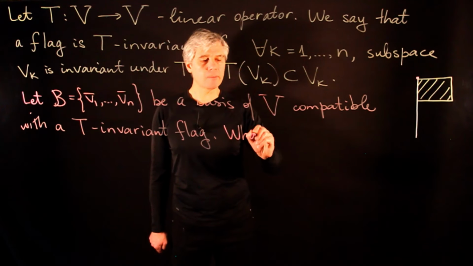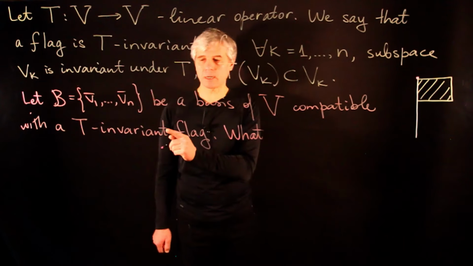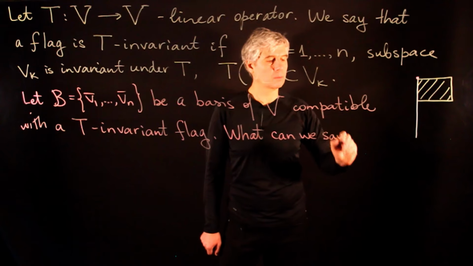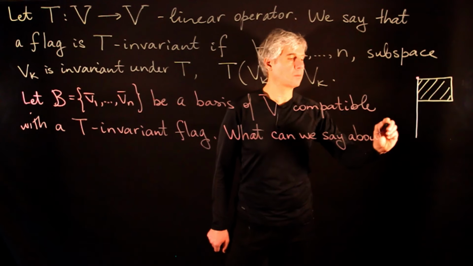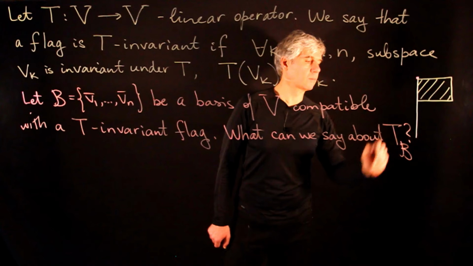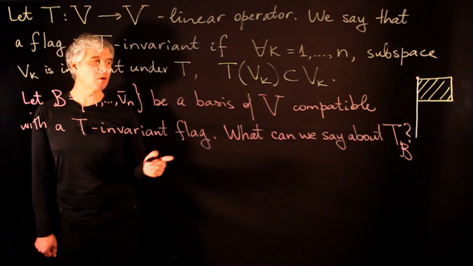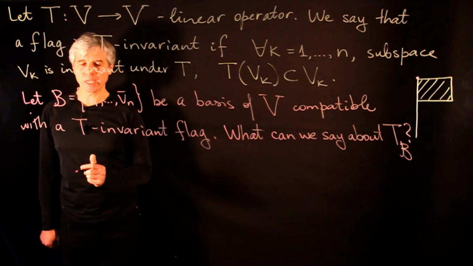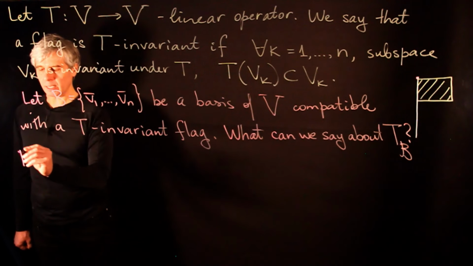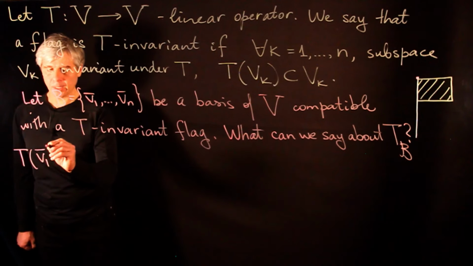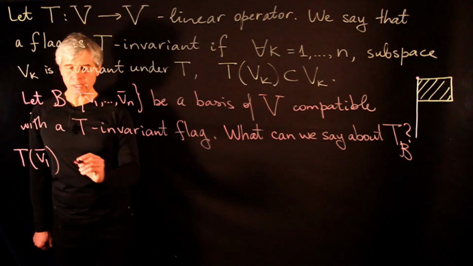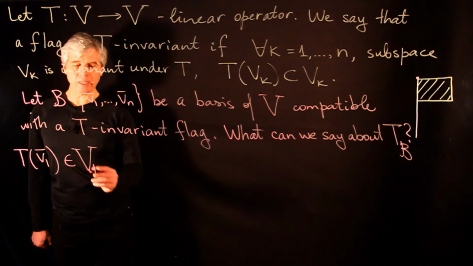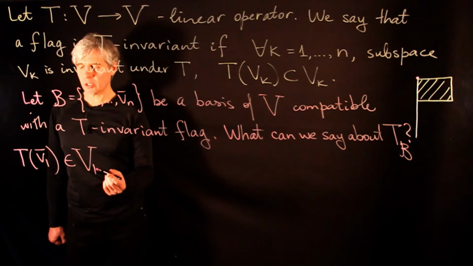What can we say about the matrix of this operator in this basis? To compute the matrix of a linear operator in a given basis, we need to find the images of the basis vectors. Now, what can we say about T of V1? Well, we know that this belongs to the space V1 because V1 is a T invariant one-dimensional subspace.